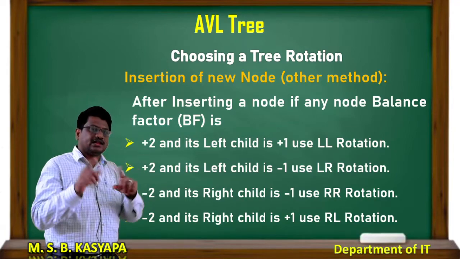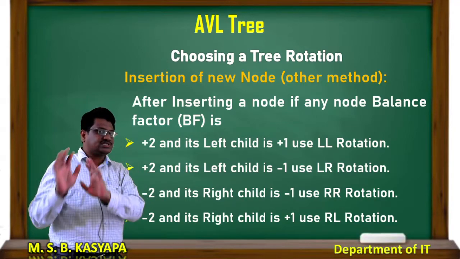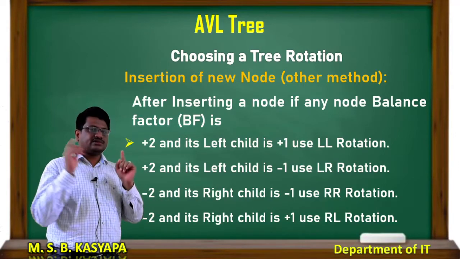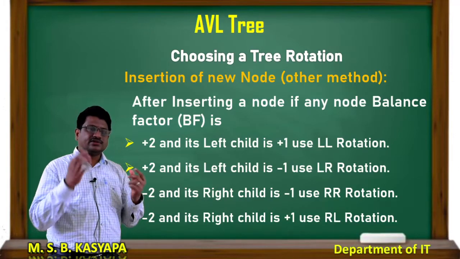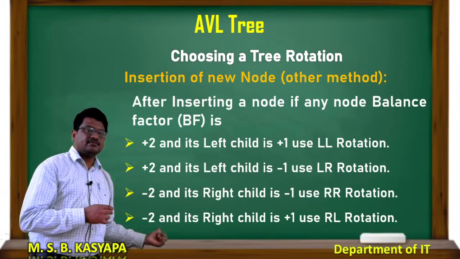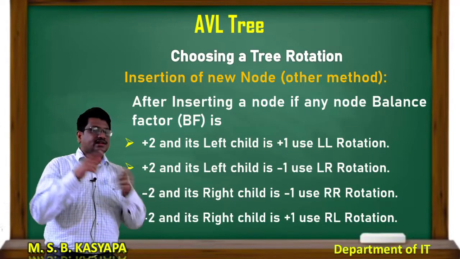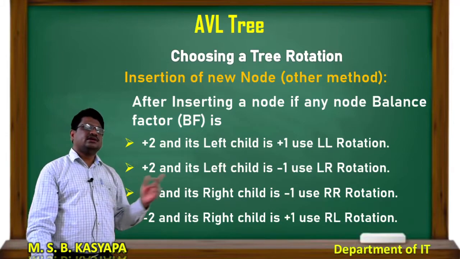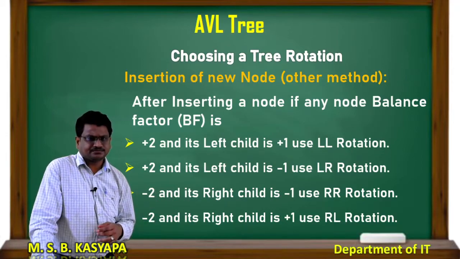Plus means left, minus means right. Plus minus is left right, LR. Minus minus is right right, RR. Minus plus is right left, RL rotation. So we can say that for insertion, I can use the values like this.